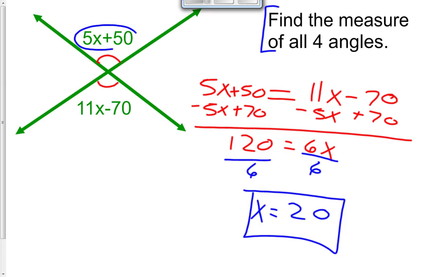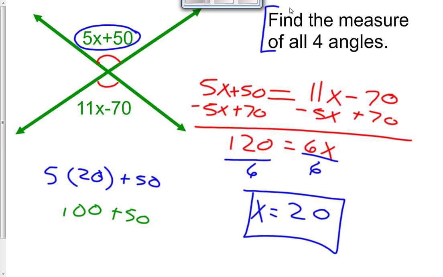So this angle right here is 5 times x plus 50. 5 times 20 plus 50, 5 times 20 is 100, and 100 plus 50 is 150 degrees.